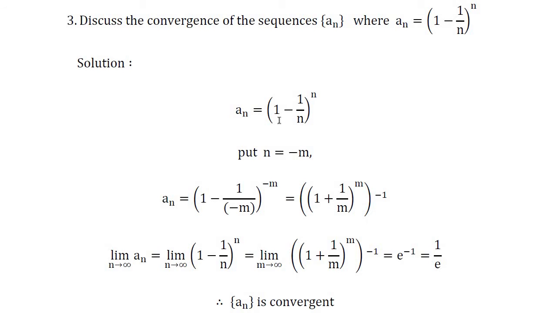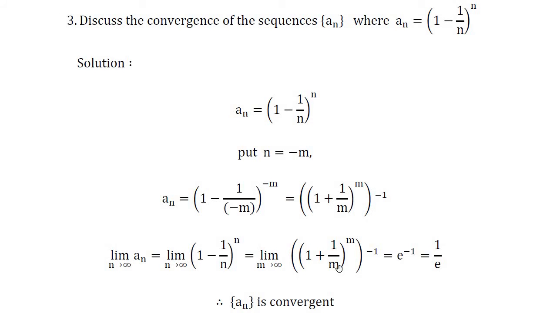We convert this into standard form by putting n is equal to minus m. In the right hand side we put n is equal to minus m, that becomes an is equal to (1 minus of 1 divided by minus m) whole power minus m, that becomes (1 plus 1 by m) whole power minus m, can be written as ((1 plus 1 by m) whole power m) to the power of minus 1.